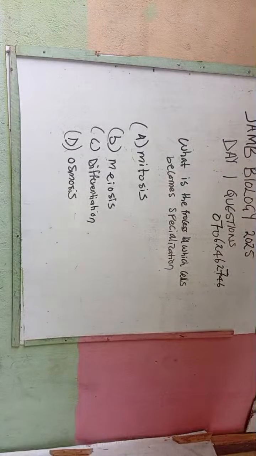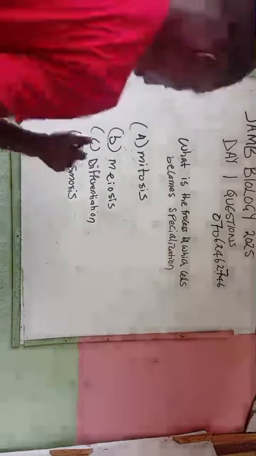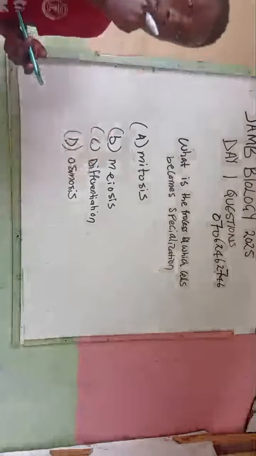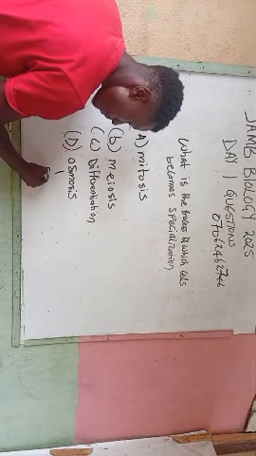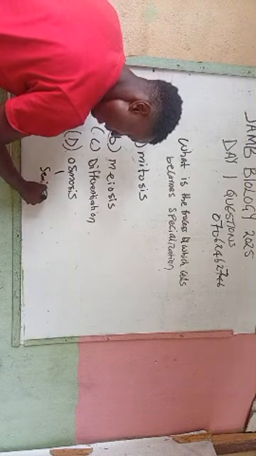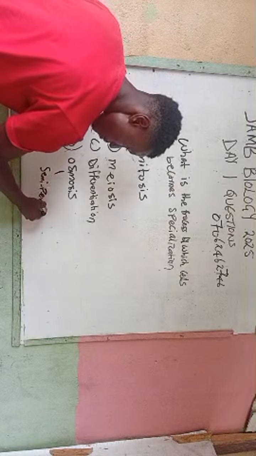Just like I told people, if you want to answer exam questions very fast, one of the things you need to do is what they call elimination. You eliminate. Looking at these options, osmosis is not even related to this question, because osmosis is based on the semi-permeable membrane.